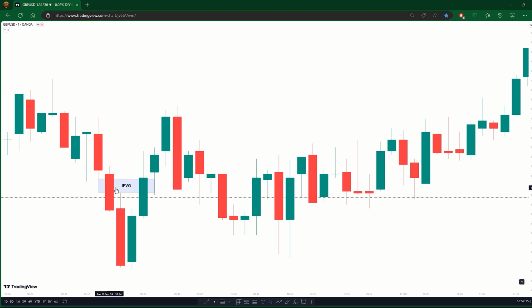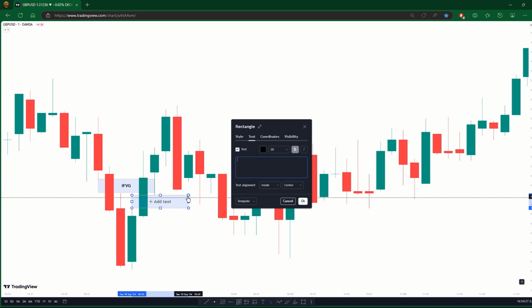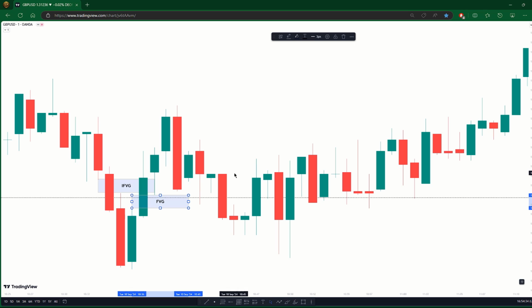The market just inversed this fair value gap, and then left another fair value gap down here. That is a buy side imbalance. You can call it a BISI if you watched my fair value gap video.